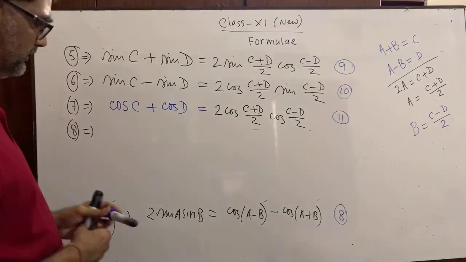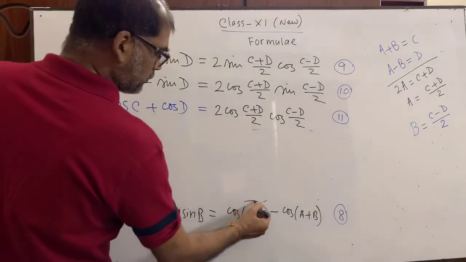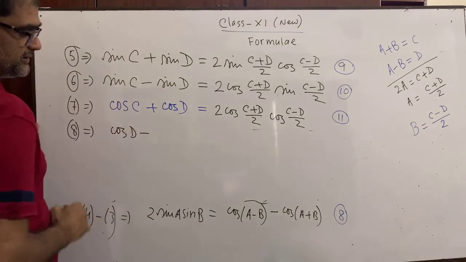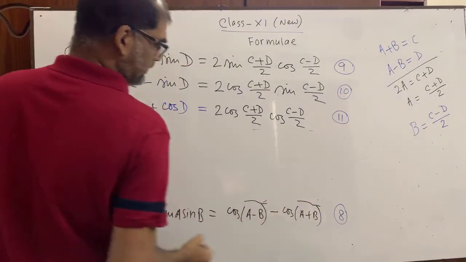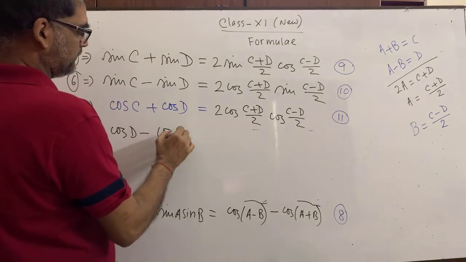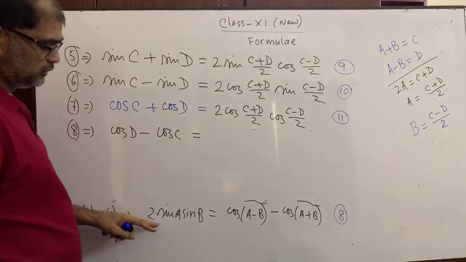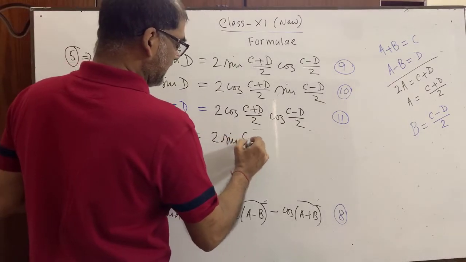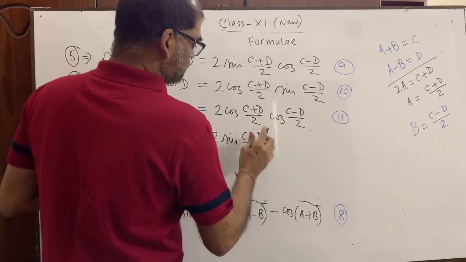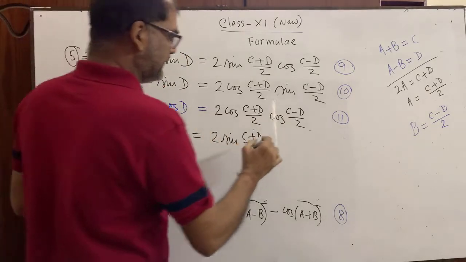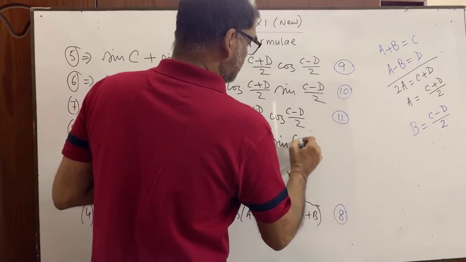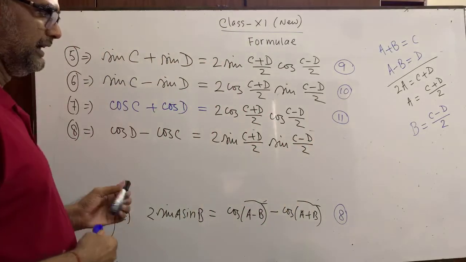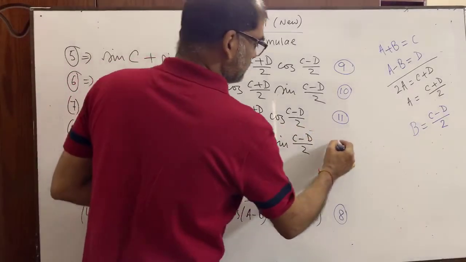So we can write here, cosine d minus cosine c is equal to 2 sin a sin b. Now it is the formula number 12.